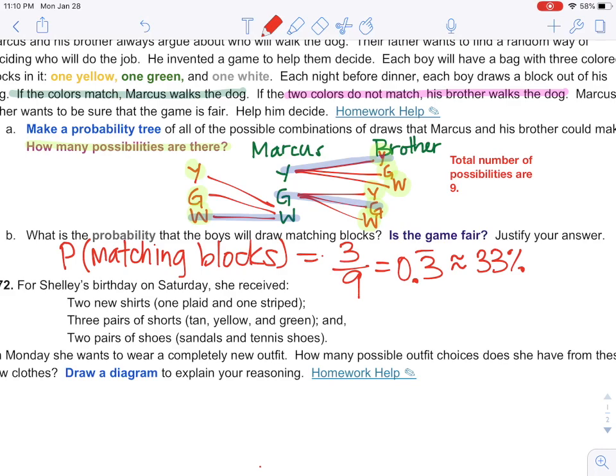This shows me that the number of matching blocks is less than the number where they don't match. So his brother would end up walking the dog more often than Marcus. In this case, the game is not fair. Since his father is trying to figure out if the game is fair, you can definitely say this is not fair because his brother has more combinations of matches than Marcus.